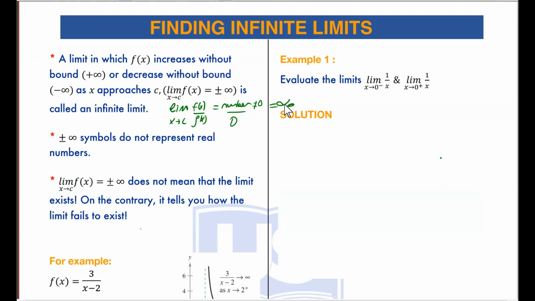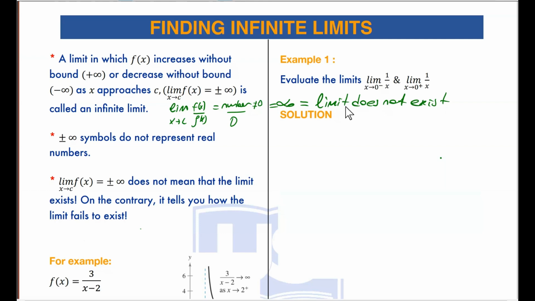But keep in mind that infinity is just a symbol. It doesn't represent a real number. So since it is not a value, it's not a real number, these cases will give us limit does not exist. So whenever you have this condition, the answer to the limit question is infinity, then we basically say limit does not exist.